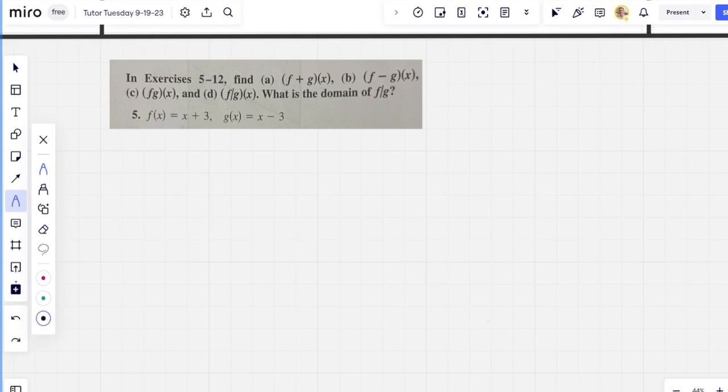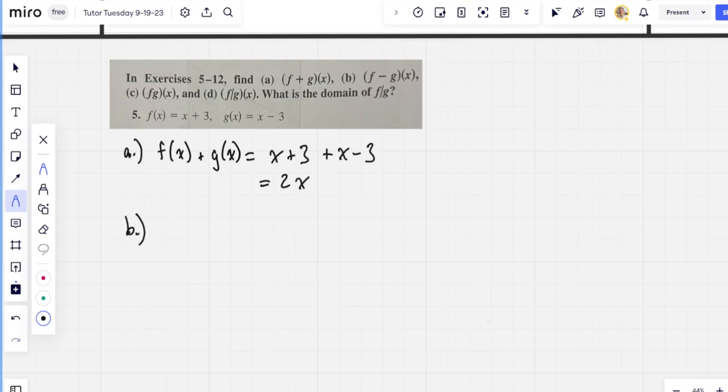Function operations. Part A, f plus g of x is the same thing, I believe, as just notation for f of x plus g of x, if I'm reading that correctly, which is just x plus 3 plus x minus 3, which is just 2x.